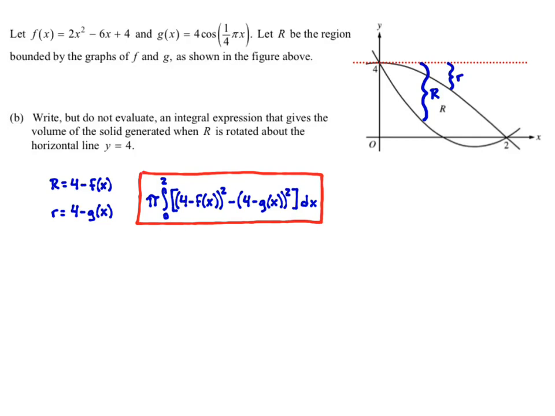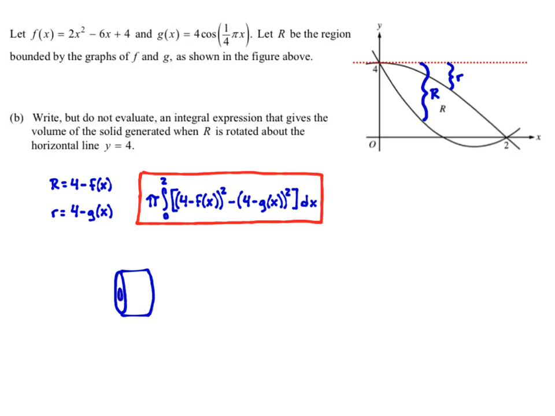Okay. I want to go through the rationale behind this before we move on, just to make sure we're good with this. Basically what we're doing is finding the volume of a cylindrical shape that has a hole in it. That's a bad cylinder. Horrible cylinder. Can't draw very well when it's like this. But I've got a cylinder that looks something like this, and then I have a hole inside of it.